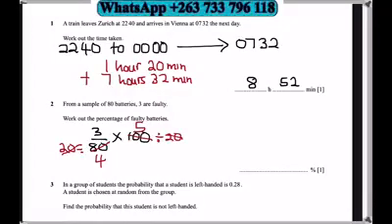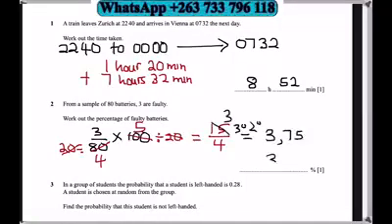Then 3 here, times 5 is 15, divided by 4 into 15, 4 gets into 12 3 times, so it's 3, remainder 3, 4 into 30 it's 7, remainder 2, 4 into 20 it's 75. So the answer here is 3.75%.